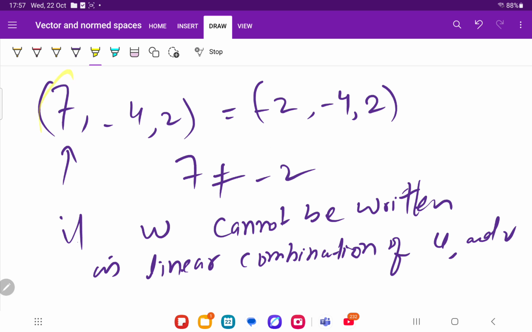That is the first element. It is not matching. Minus 4 is matching, 2 with 2 is matching, but 7 with minus 2 is not matching. So it means that w cannot be written as a linear combination of u and v.